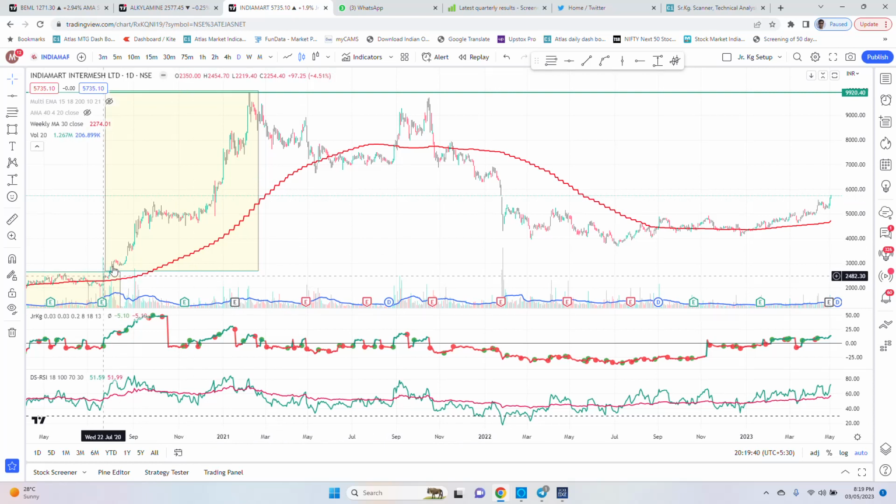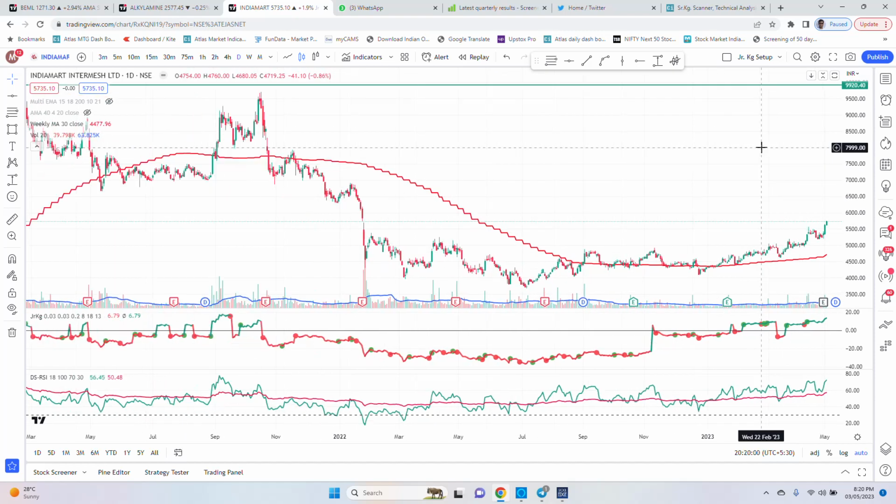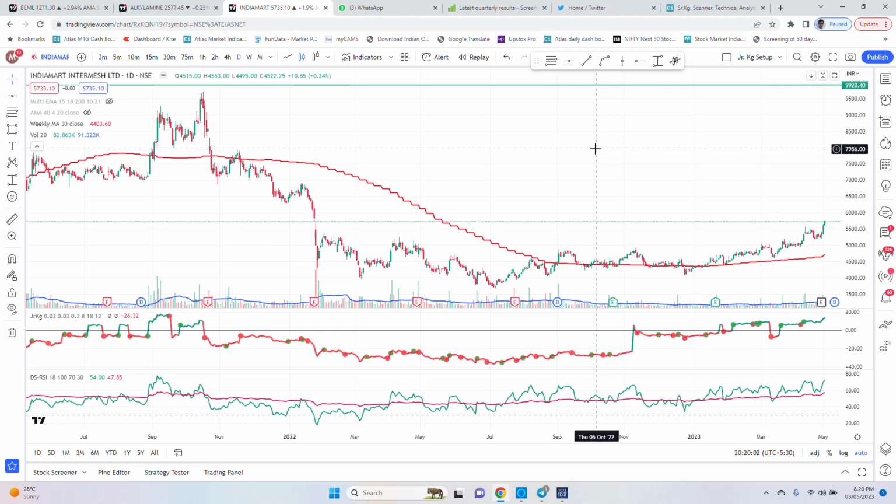Here the stock went up, then consolidation, almost from September 20 to December, so 2-3 months of consolidation, then going up, then consolidation, then going up. Same thing here also: the stock is coming down, then going up, then consolidation, then going up. That way, it gives a very clear visual way to understand what is happening.